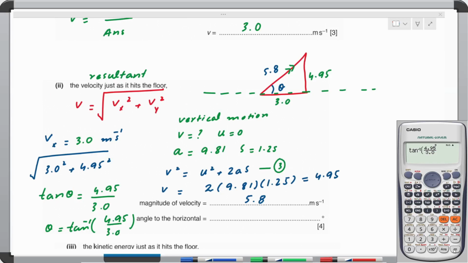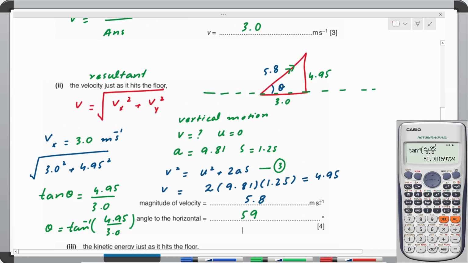The answer that we get for this one is 58.78, which in 2 SF you can write as 59. If you're not sure about the significant figures, the rule of thumb is leave your answer to 3 SF. That is the safest option that you can have.